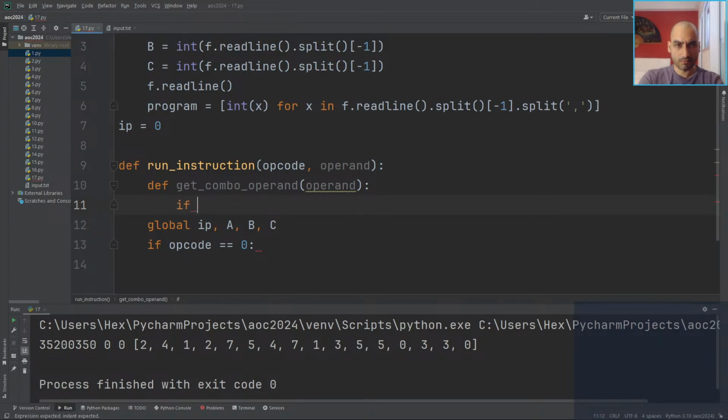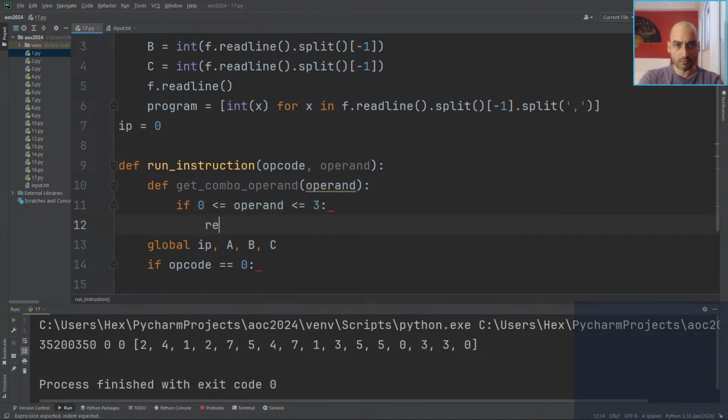If so, it's 0 less than or equal to operand, less than or equal to 3. Return operand.